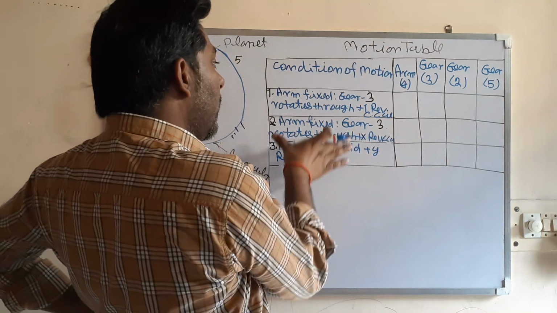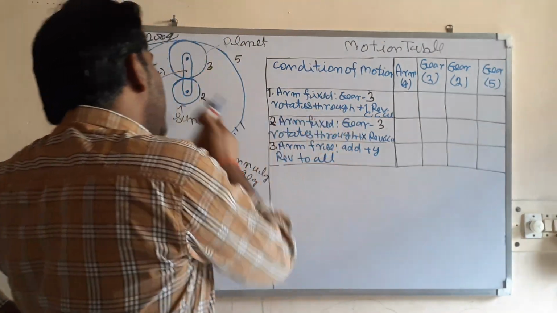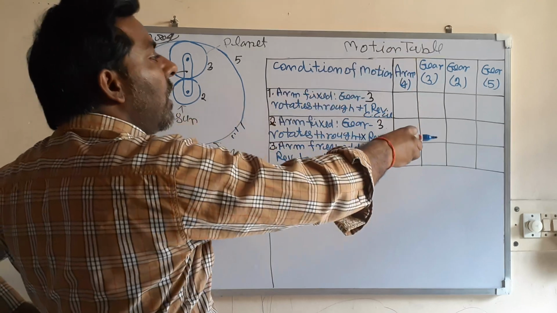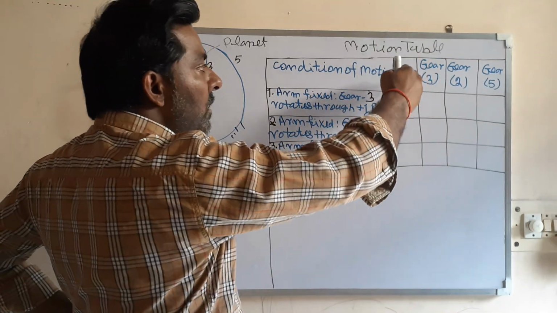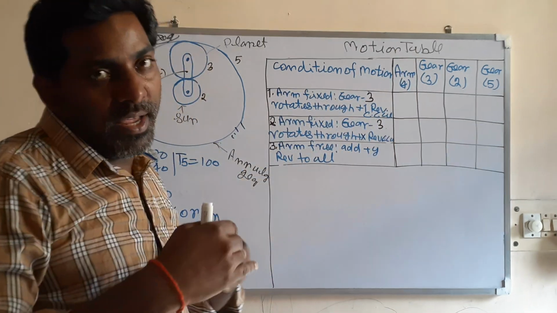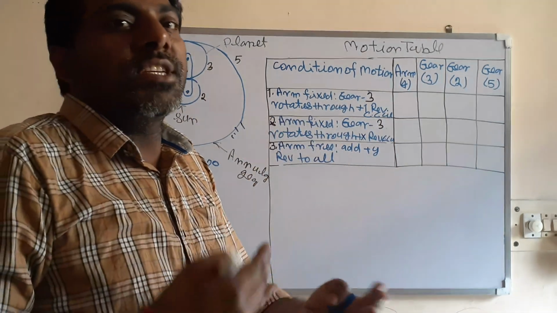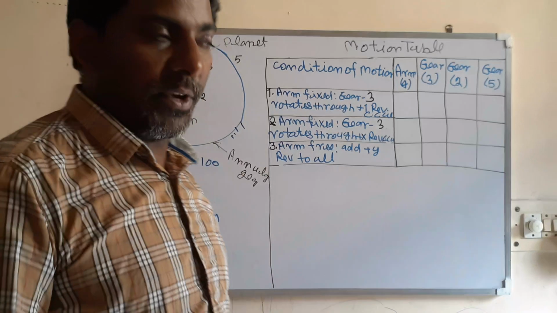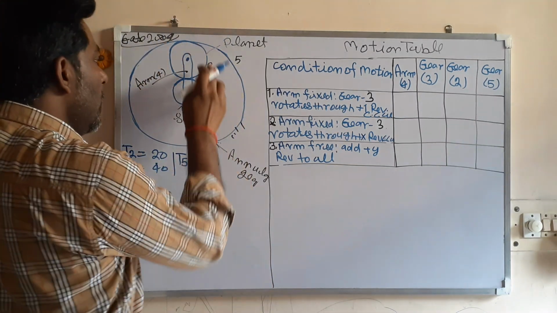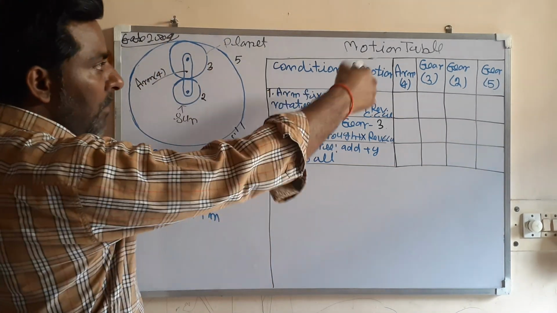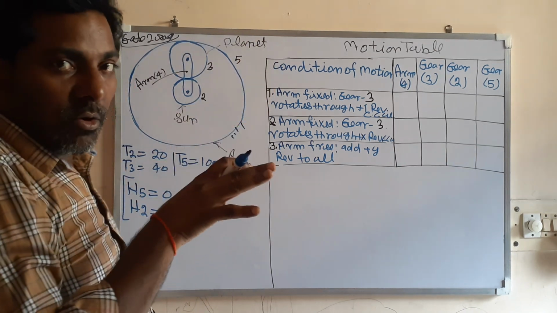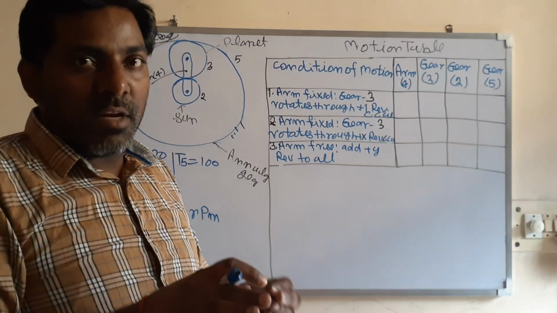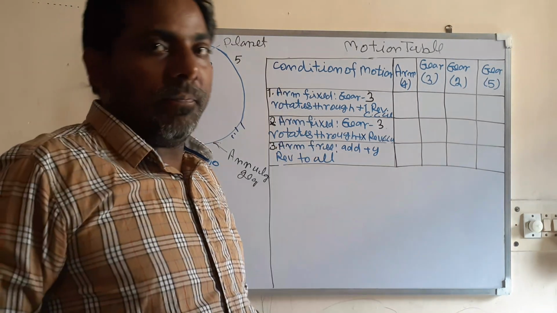Now first we make the motion table. Here is the condition of motion, then you take the arm in the next column. The arm is 4. After the arm, you take the gear which is meshing with the most gears. If you do this, the calculation will reduce drastically.